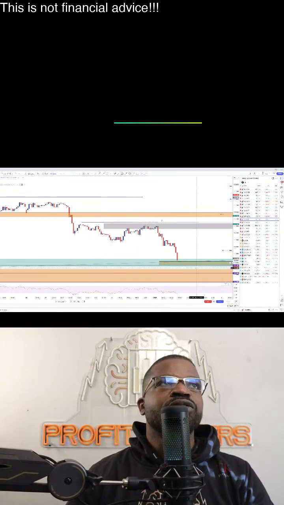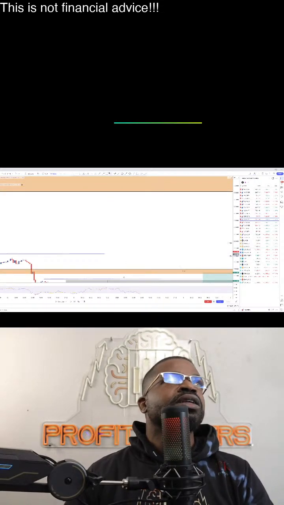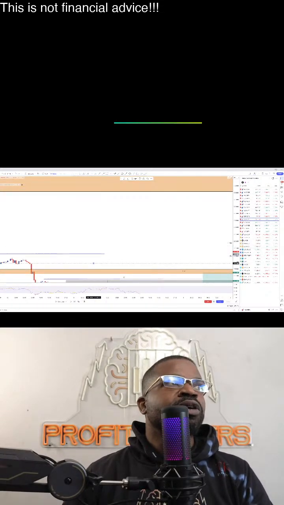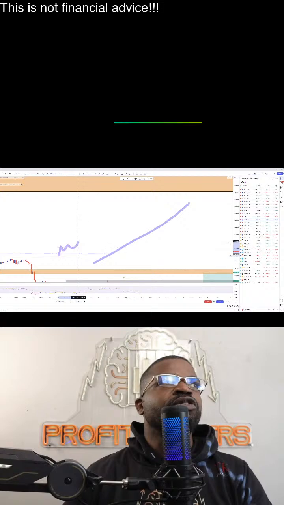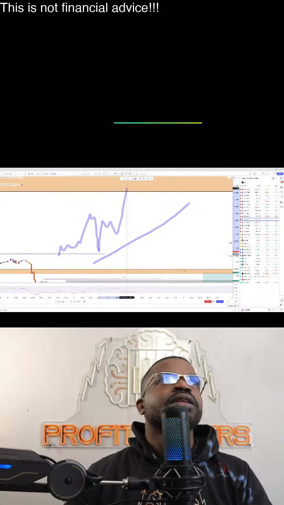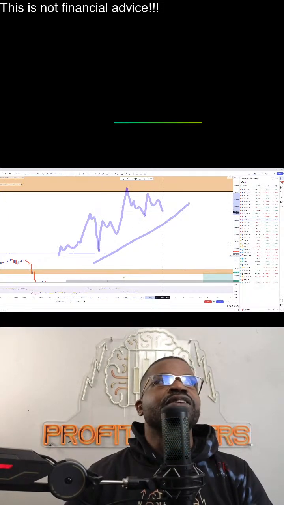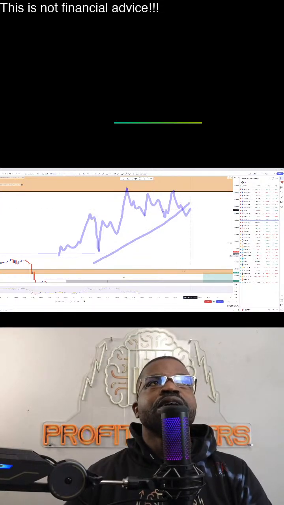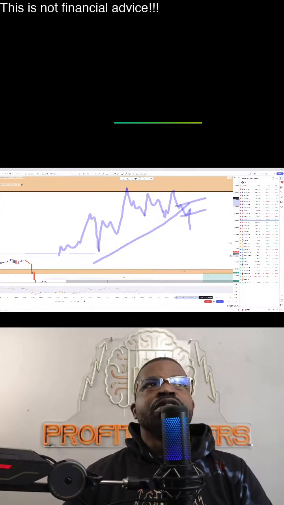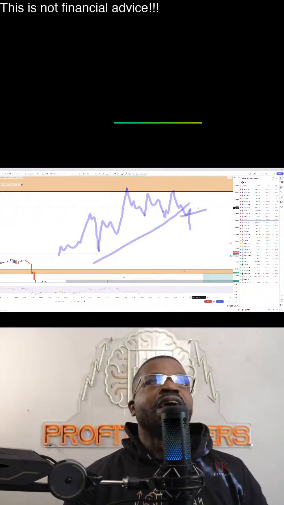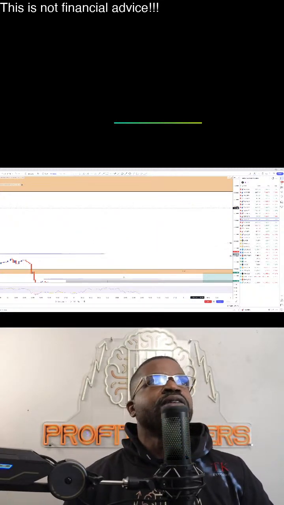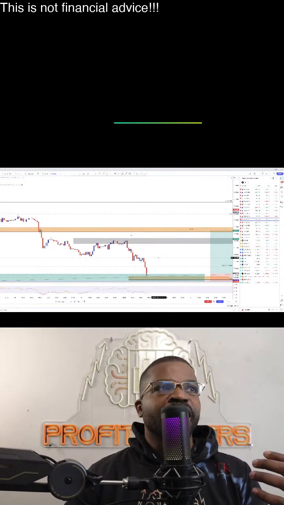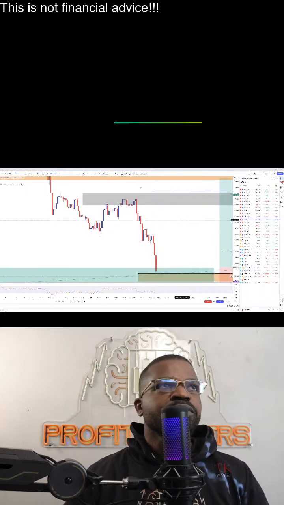Typically, when price is moving up and respecting the trend line, and if it gets to that trend line and it gives you a bear flag pattern, then it's a big chance you'll get a continuation in that downtrend. So that's what we saw to make us have interest in the sell.